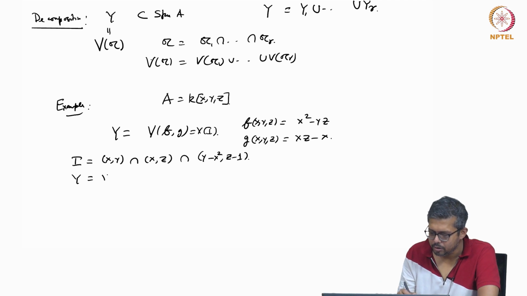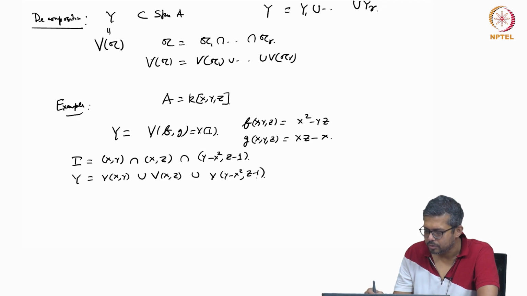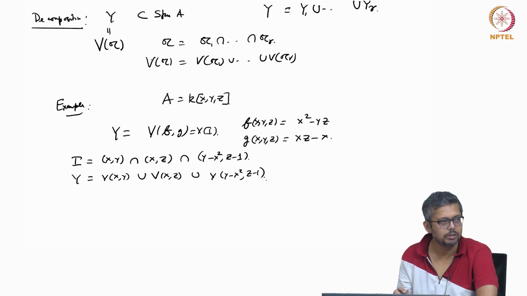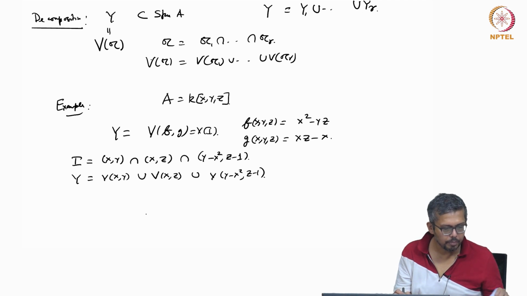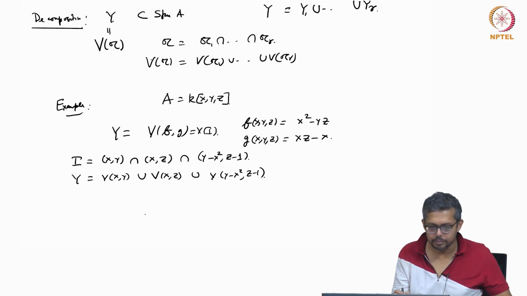So then Y is nothing but V of (X,Y) union V of (X,Z) union V of (Y minus X squared, Z minus 1). So these are the irreducible components. They are the prime ideals. These are the prime ideals. Okay.